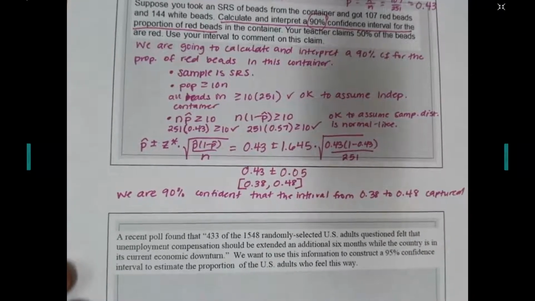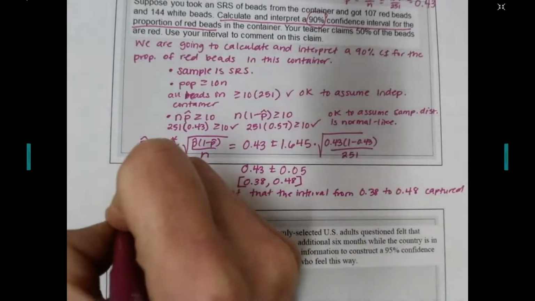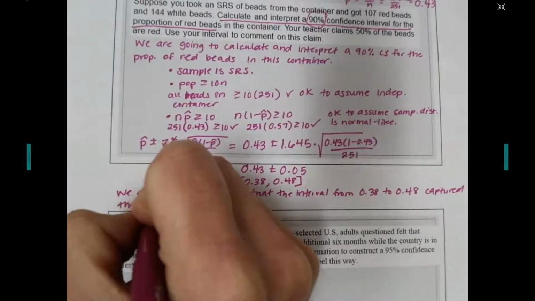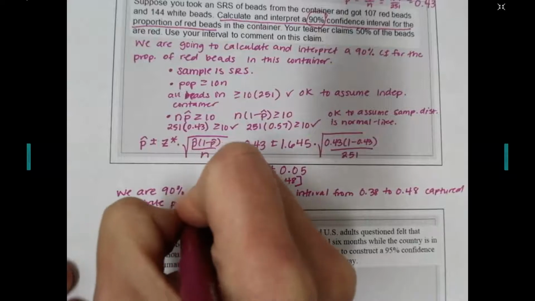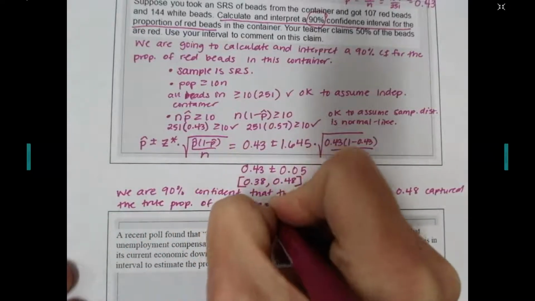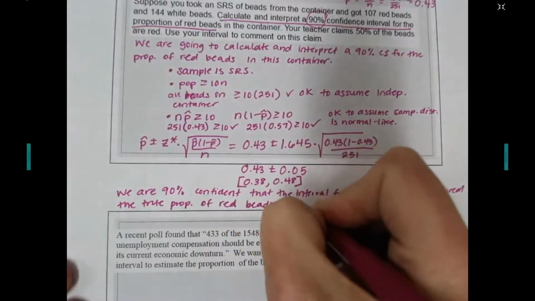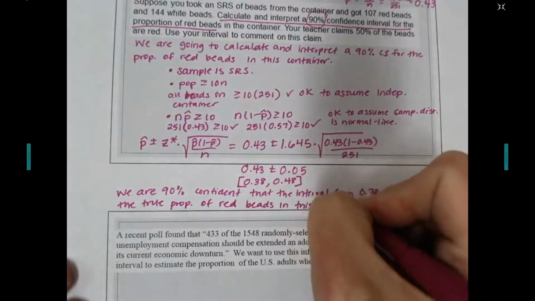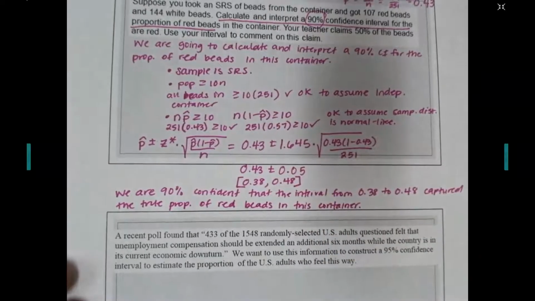Captured the true proportion of red beads in this container. And that's a confidence interval.